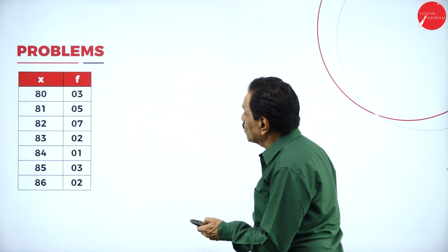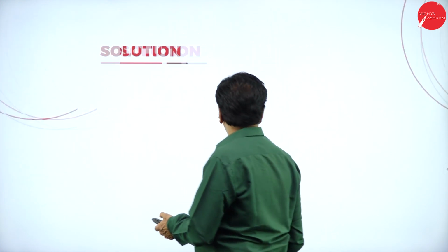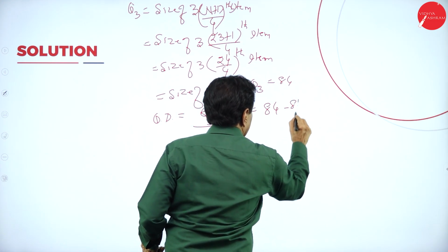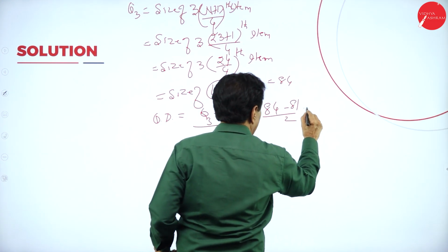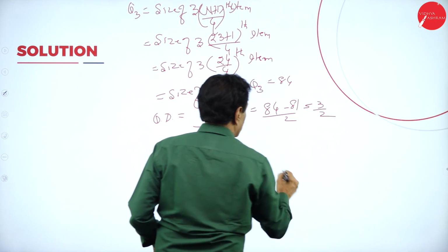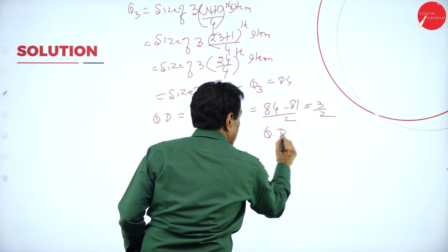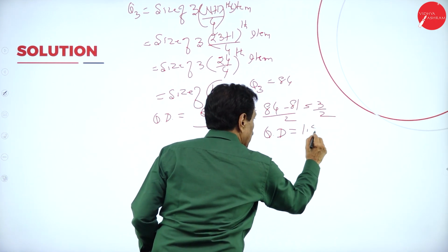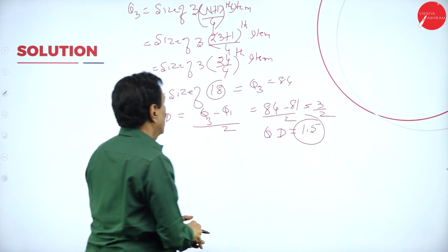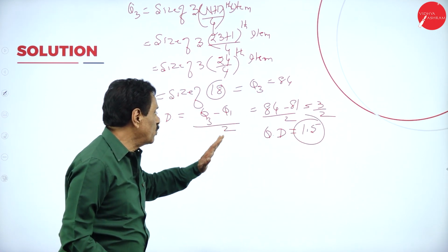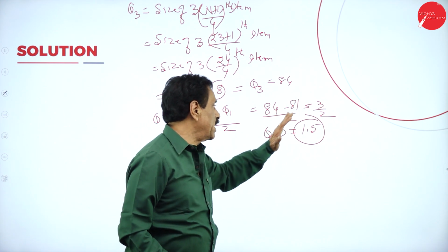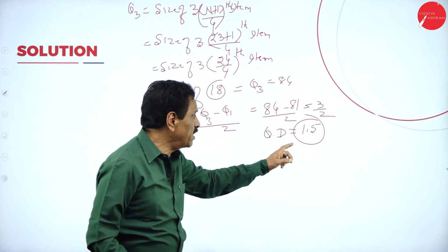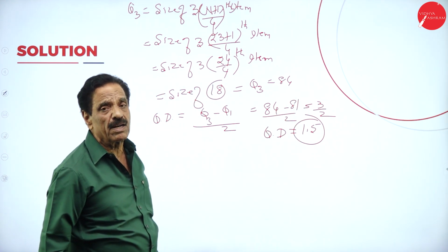Minus, what's your Q1? 81, divided by 2. This is 3 divided by 2. Therefore, quartile deviation is equal to 1.5.